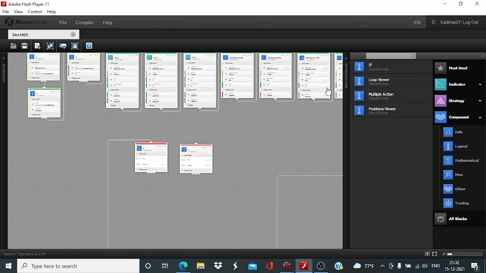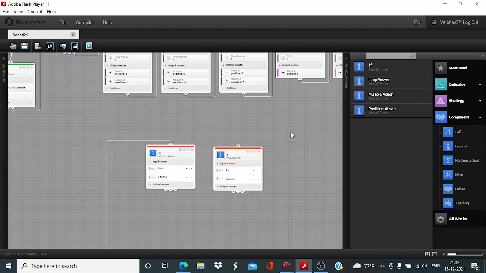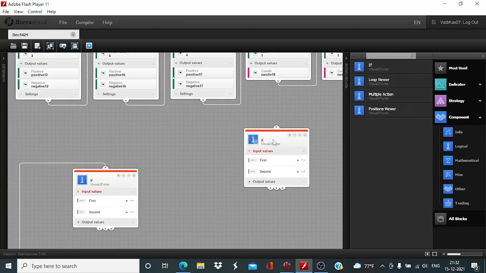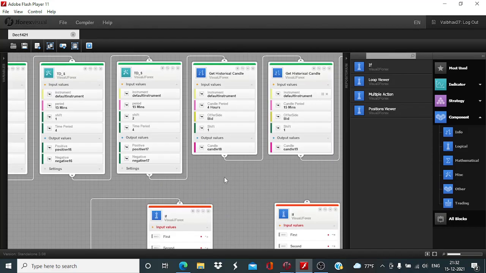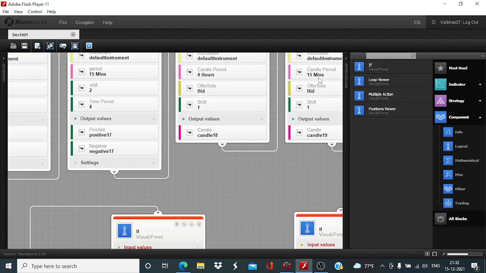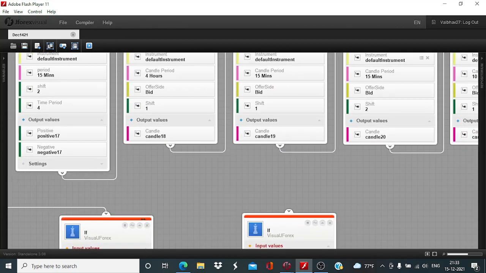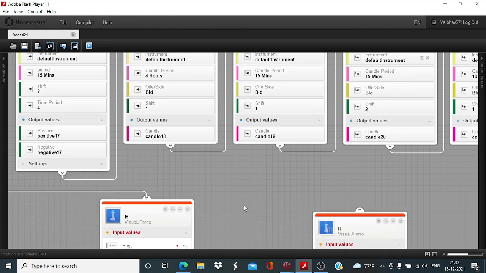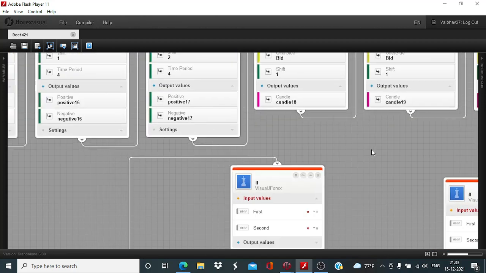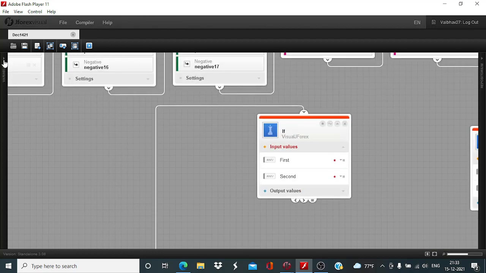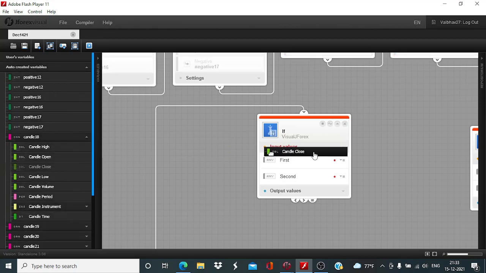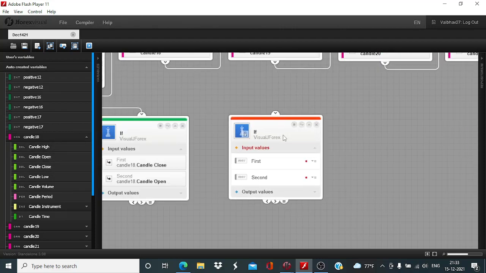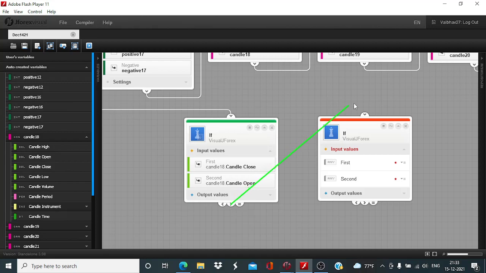Now coming back to the price action data, we want the last 4-hourly candle to have closed higher than its opening price. So we will take candle 18 candle close and compare it to the candle 18 candle open. In this case, it should be first input greater than second input.